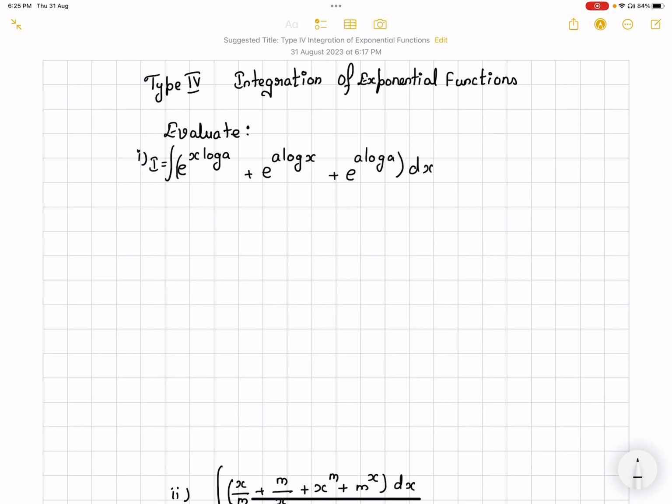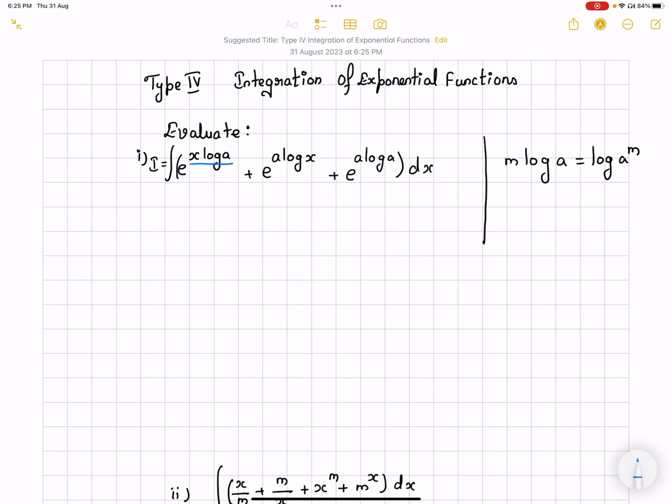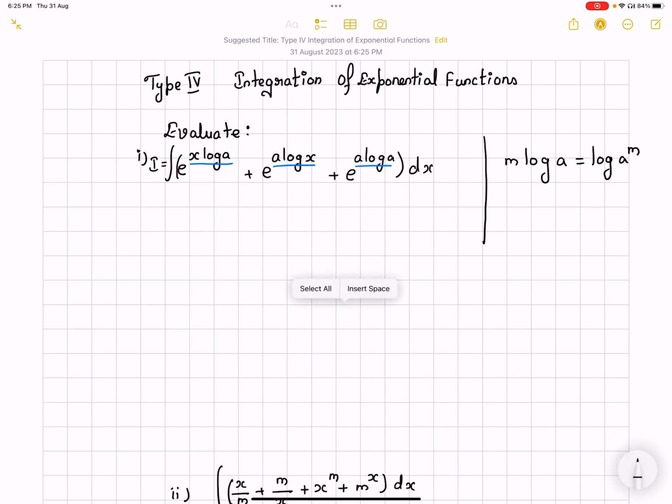Now we need to use the logarithmic identity. The first one we are going to use is: when we have m log a, it means log a to the power m. If you observe my question, I have a similar pattern in all three terms. I'm going to use the identity of logarithm and change each of them, and write a step.